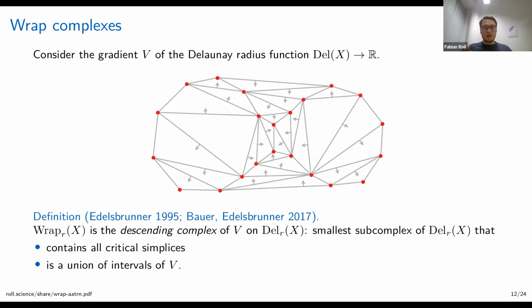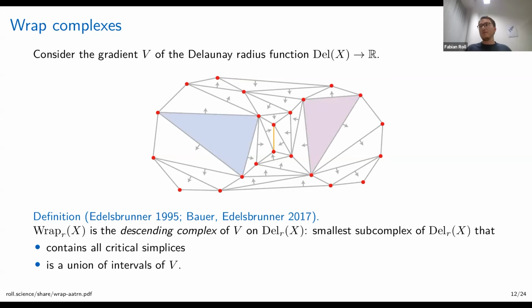And now the RAP complex is something that in our paper we call the descending complex of the gradient, and it is given by the smallest subcomplex of the Delaunay complex that (A) contains all critical simplices and (B) is the union of intervals. So what does this mean?